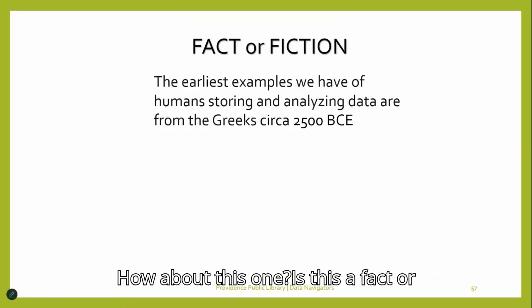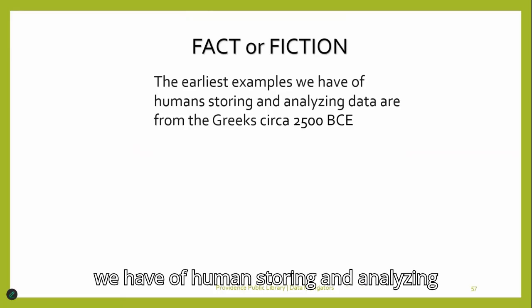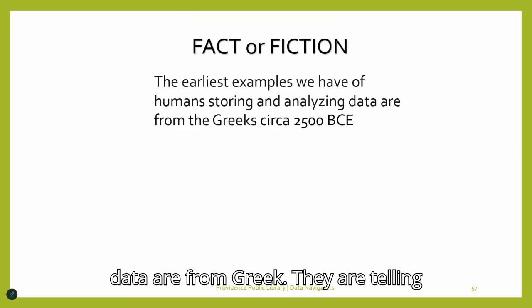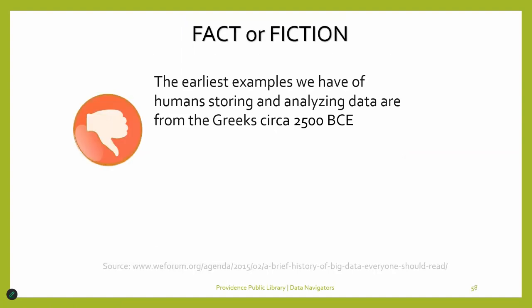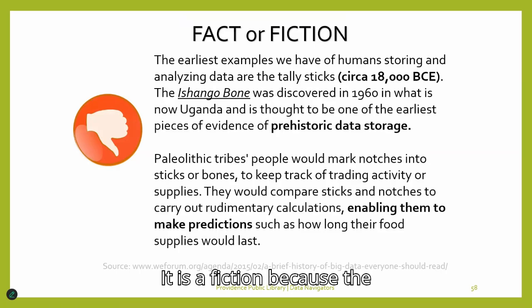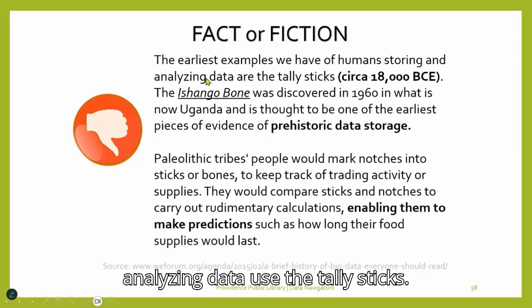How about this one? Is this a fact or fiction? The earliest example we have of humans storing and analyzing data is from Greece, circa 2500 BCE. It is a fiction, because the earliest example of humans storing and analyzing data used tally sticks.